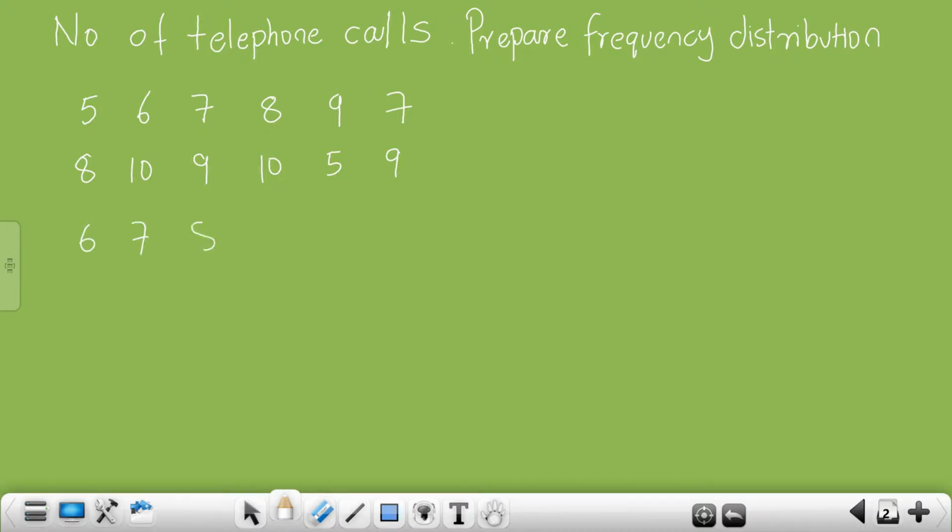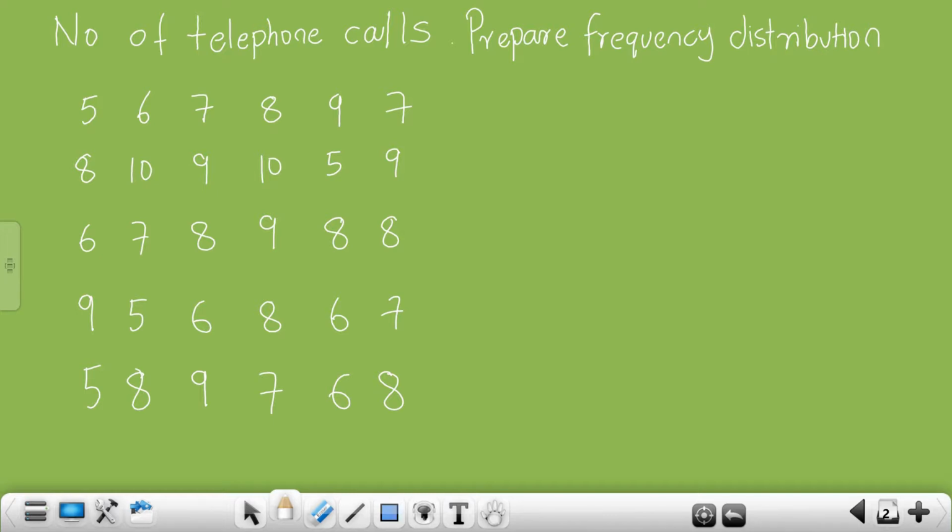So what happens with a frequency distribution is that we are going to prepare the number of classes in which this data would be collected. In all we have got these observations, around 30 observations, and for these 30 observations we are going to prepare the frequency distribution table.